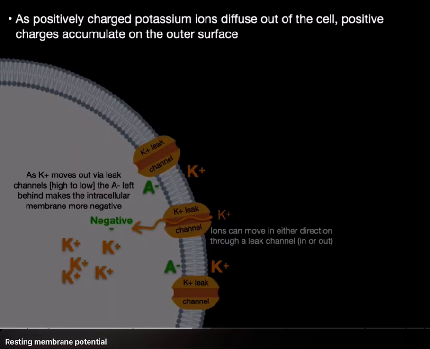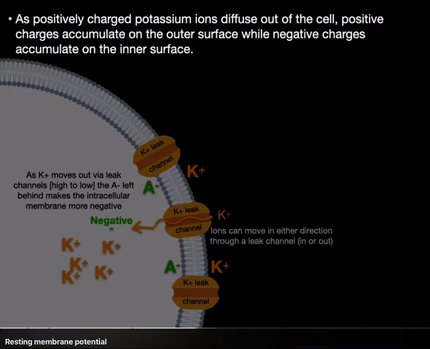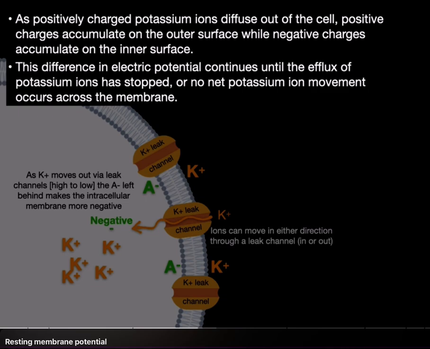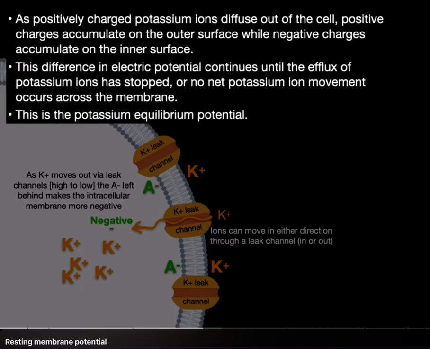So as positively charged potassium ions diffuse out of the cell, positive charges accumulate on the outer surface while negative charges accumulate on the inner surface, those anions left behind. This difference in electric potential continues until the efflux of potassium has stopped, or no net potassium ion movement occurs across the membrane. This is the potassium equilibrium potential.